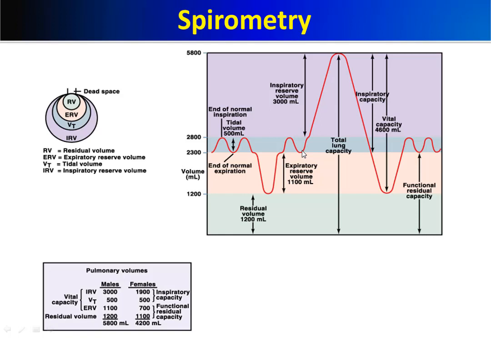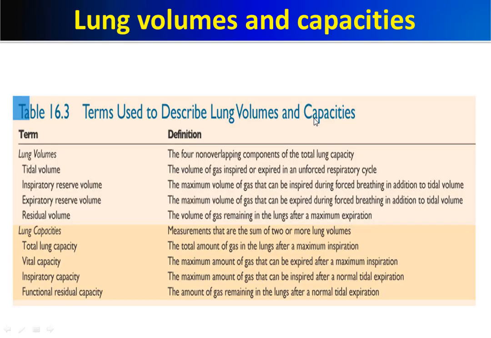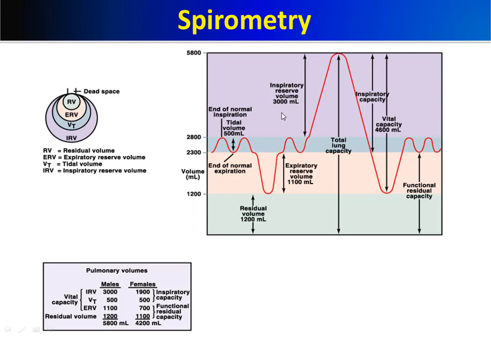If you ask someone to breathe in with force, he's going to breathe in first the tidal volume, 500 milliliters of air, then an additional 3,000 milliliters of air, which we call the inspiratory reserve volume. Now this is the position at the end of forced inspiration. If from this position you ask someone to breathe out with force, he's going to breathe out the inspiratory reserve volume, the tidal volume, and the expiratory reserve volume.